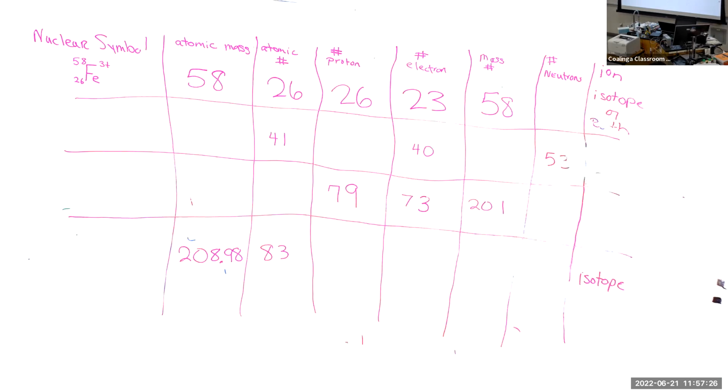Okay, the number of neutrons. Okay, and how did you get that? 58 minus 26. Okay, now does that make sense? A little bit more now? Yeah.